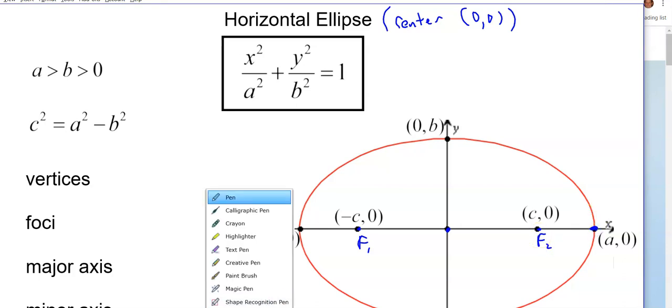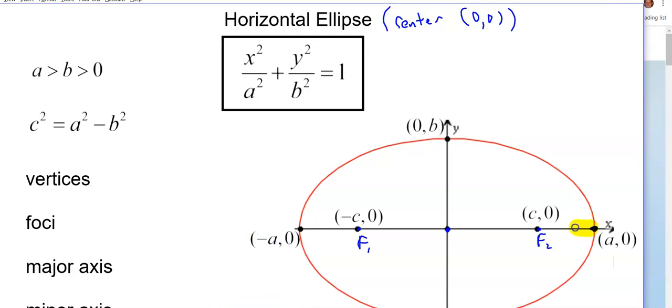This is the major axis. The major axis is the longer axis. You can probably tell this is a horizontal ellipse because it's a little longer than it is tall, a little wider. So the total distance from this point, which is a vertex, to this other point, which is the other vertex, is the major axis. The points at the ends of the major axis are called vertices.